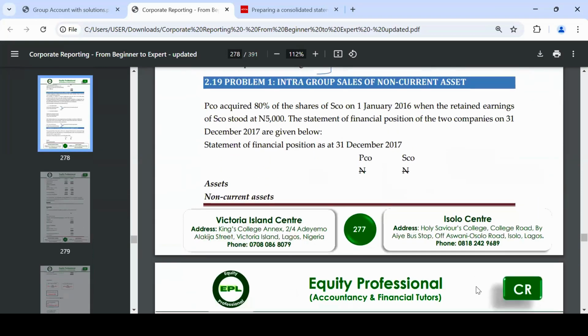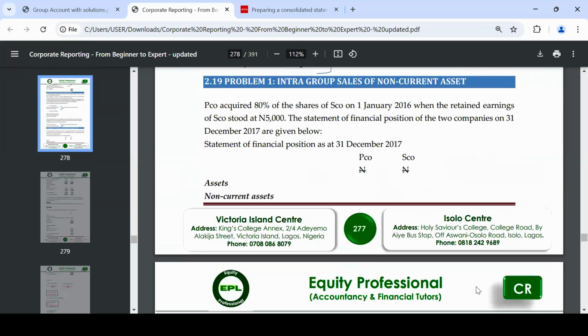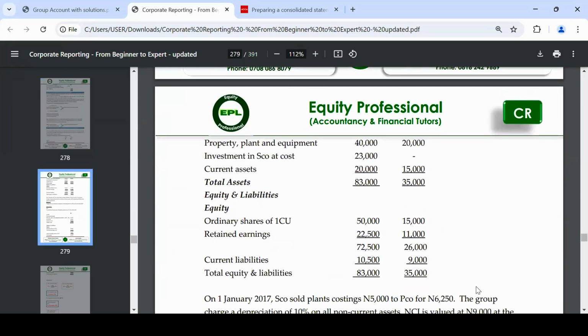We are told Pico acquired 80% of the shares of ESCO on January 1, 2016, when the retained earnings of ESCO stood at 5,000. The statement of financial position of these two companies on 31st December 2017 are given below.